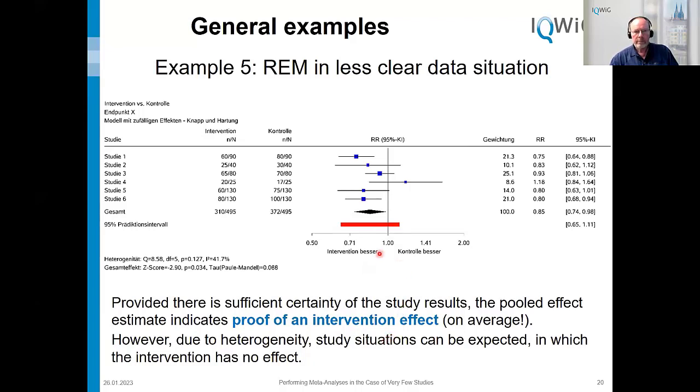So on average, yes, but heterogeneity is large, and this you have to keep in mind and include in a discussion, for example. But the conclusion is there is an intervention effect.